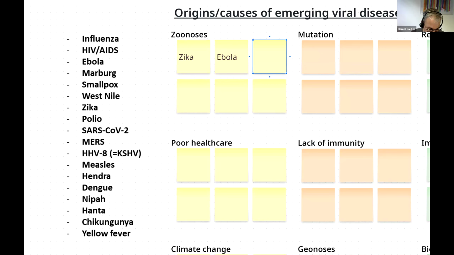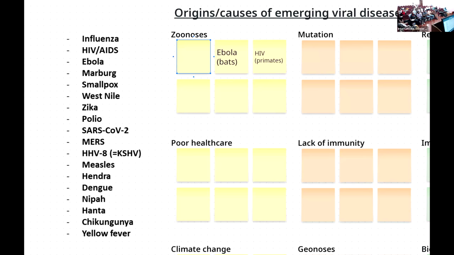I heard HIV. Very good. A natural host of HIV would also be primates. So it crossed the barrier from gorillas and chimps to humans. And Ebola would be bats. Zika can also be in primates.